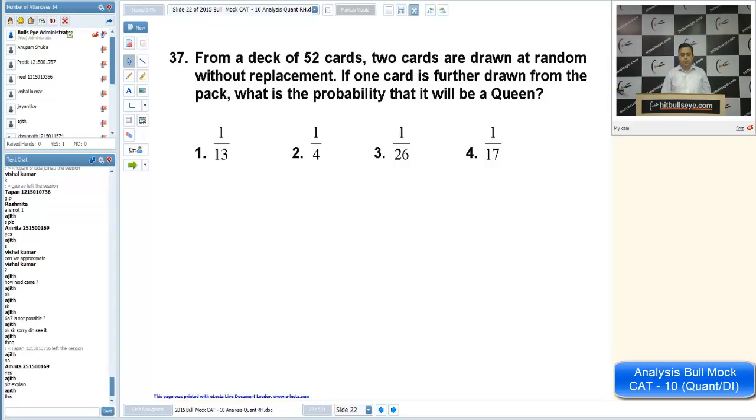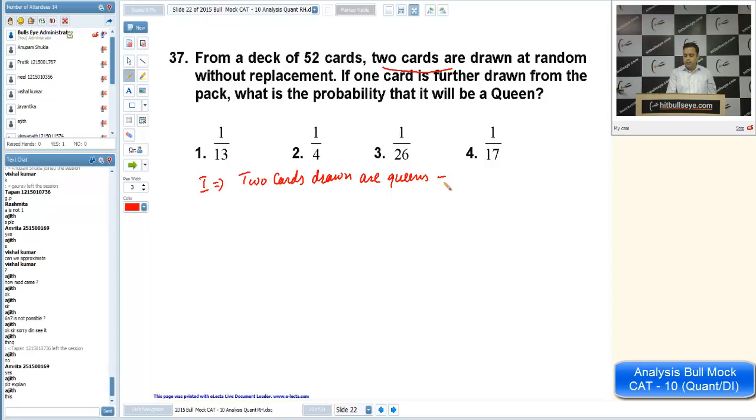The first case will be, case 1. Since we have already taken 2 cards, we do not know whether these 2 cards have a queen or not. So in the first case, I am taking the case where the 2 cards drawn are queens. In this case, we are left with only 2 queens out of the 50 cards.